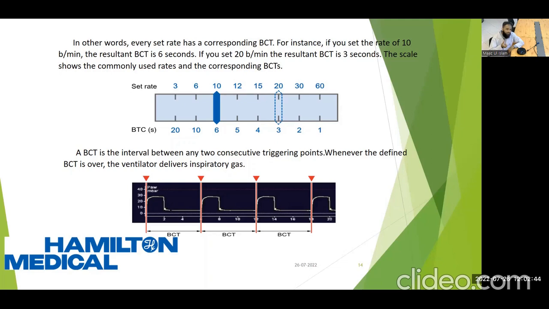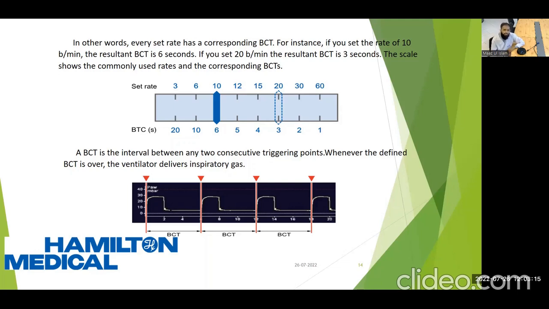If you set the respiratory rate of 20 breaths per minute, the resultant breath cycle time is 3 seconds, meaning one complete breath is completed every 3 seconds. This shows the commonly used rates and the corresponding BCTs. Here is the picture of one complete BCT.